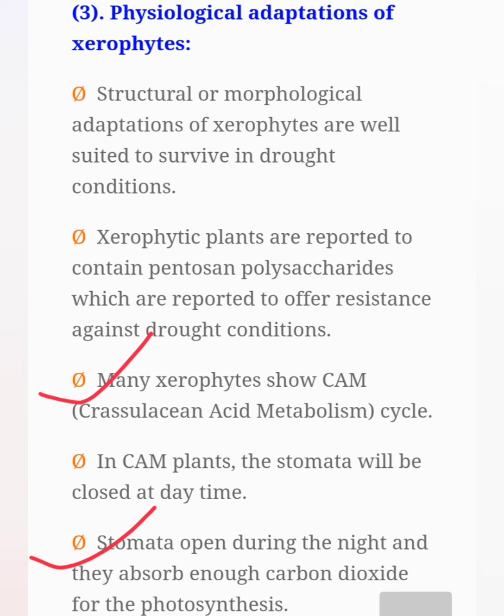But during the daytime, the stomata are closed, thus preventing water loss, and the malic acid stored in the vacuoles is freed from the vacuole to form carbon dioxide through decarboxylation, and it enters the chloroplast. In this way, the carbon dioxide concentration mechanism is regulated in these plants through the CAM cycle, the crassulacean acid metabolism cycle, in order to fix the carbon dioxide.